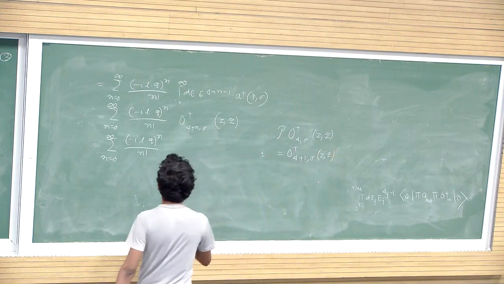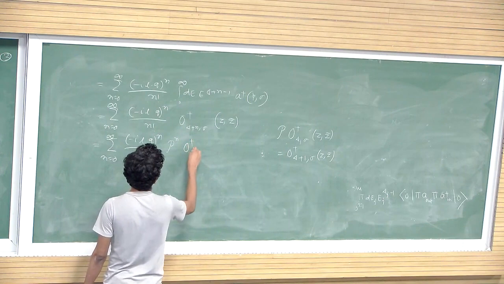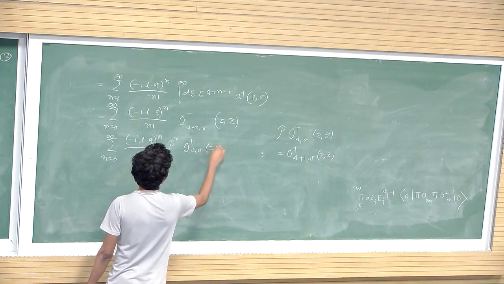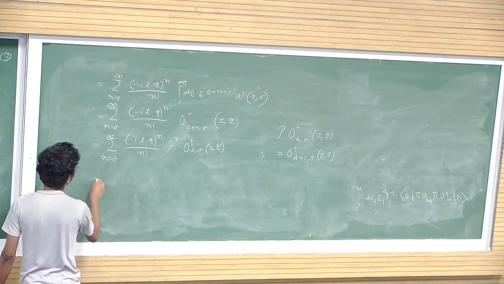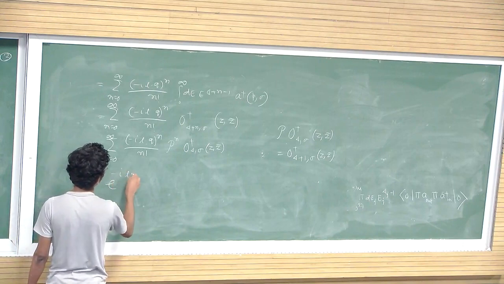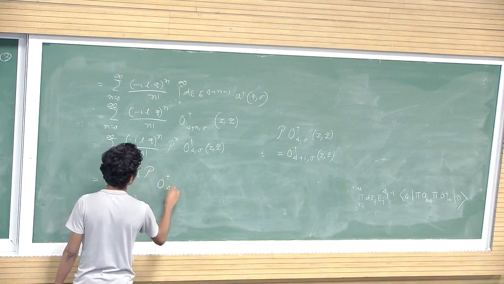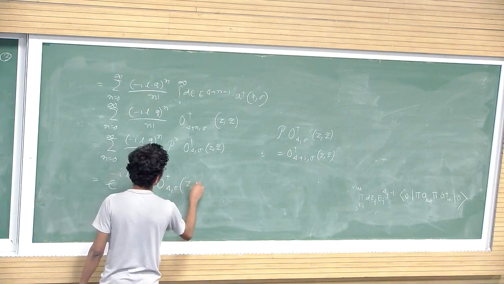Then you can write this as curly p to the n acting on O dagger delta comma sigma z z bar. So you can write this as e to the minus I L dot q curly p acting on this O dagger delta comma sigma z z bar.